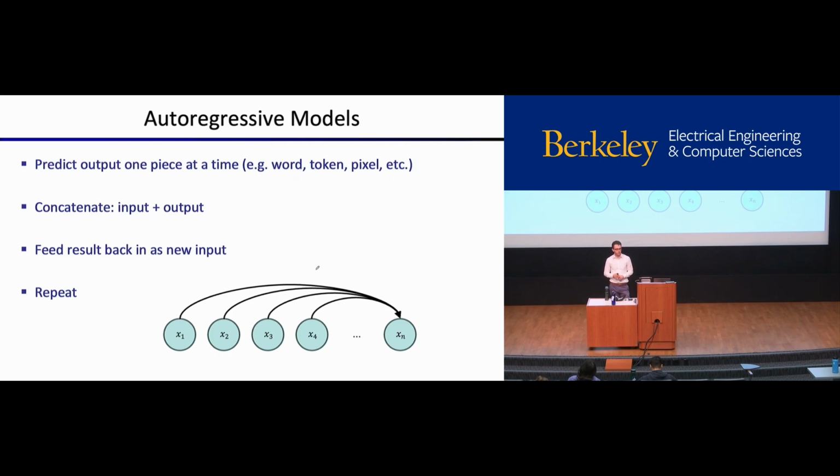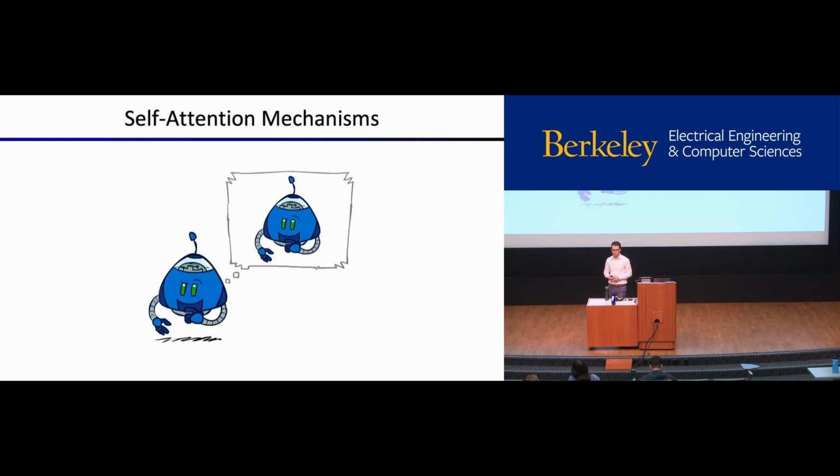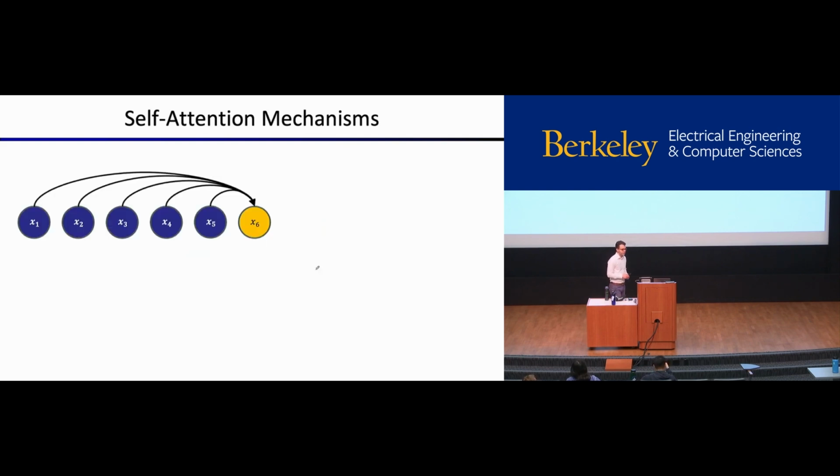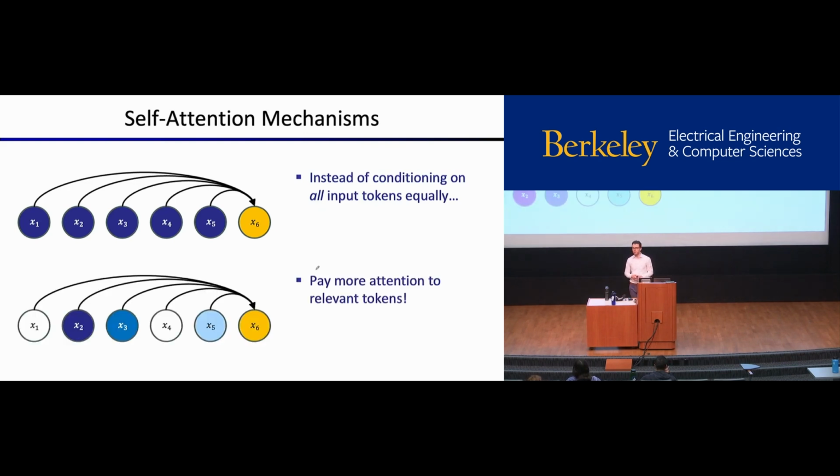Okay, so this is where the idea of self-attention mechanisms comes in. Self-attention mechanisms say that instead of conditioning on all of the input tokens equally, if we're trying to predict this x6 here, instead of looking at all of x1 through x5, what if we pay more attention to relevant tokens? This is also going to help us to generalize, because if x1 and x4 are not relevant, then they could be anything.